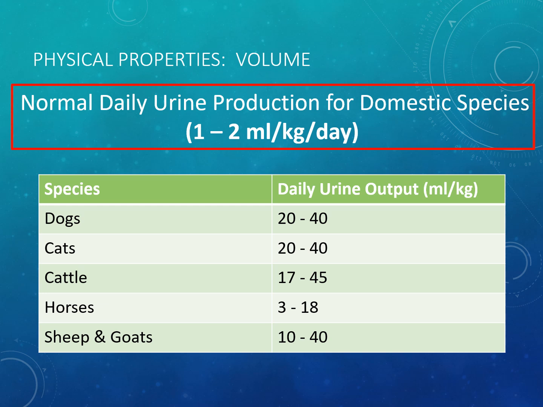If you can't measure it exactly, usually we know how much our pets go to the bathroom, and you keep a visual record and observations. So this number right here is important, and try to remember this, that the normal daily urine production for domestic species is 1 to 2 milliliters per kilogram of weight per day.